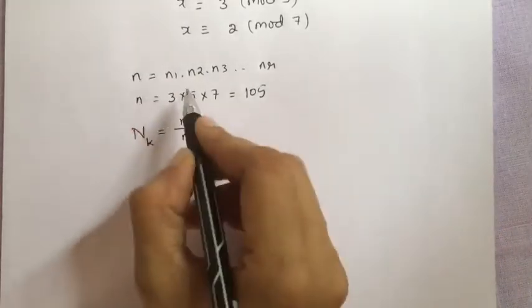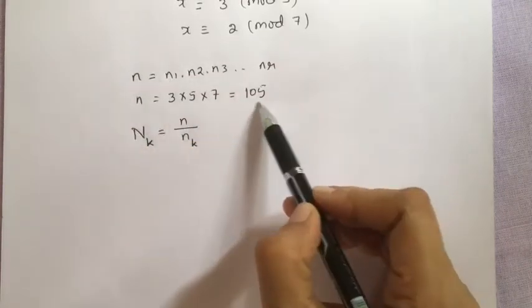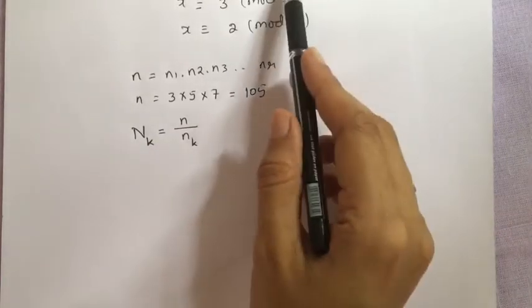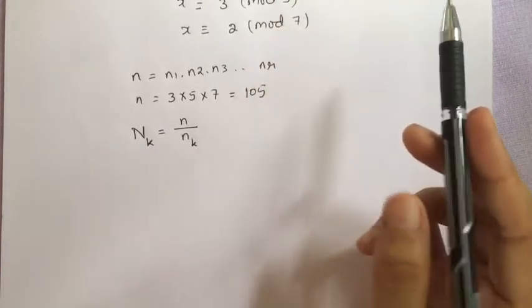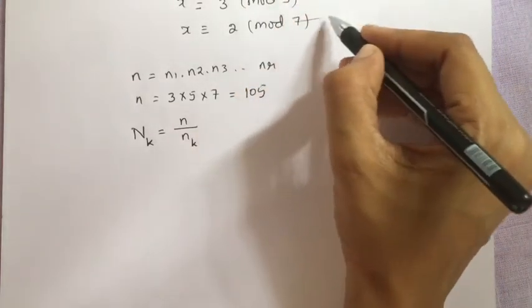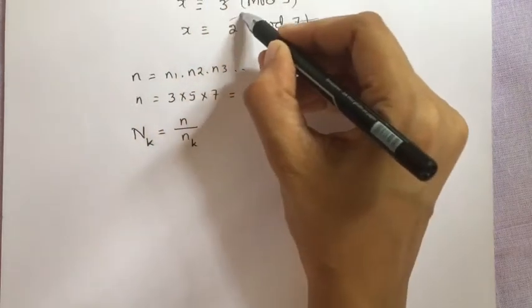In this case n is the product, it is 105. nk is this n1, n2, n3. And these are a1, a2, a3.